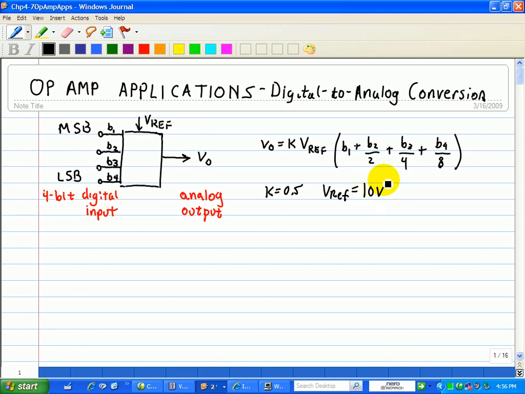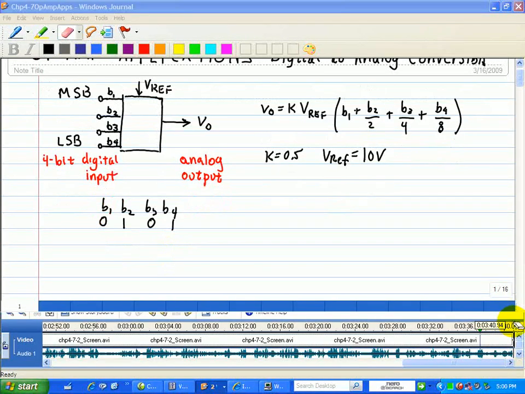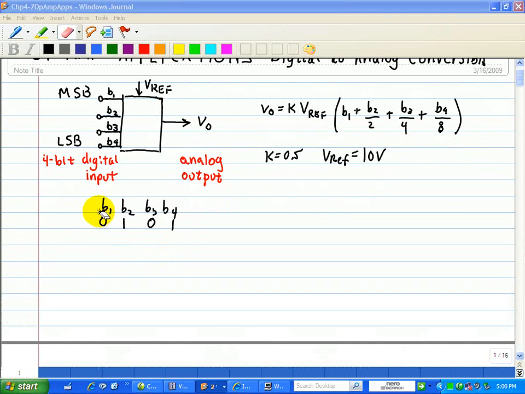Let's say we have B1, B2, B3, and B4, and let's say our input is 0, 1, 0, and 1. We'll take this 4-bit digital input and substitute it in the above relationship here.